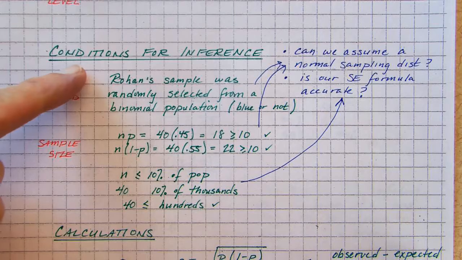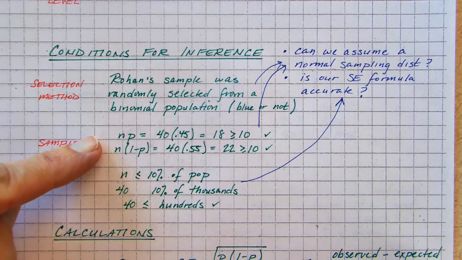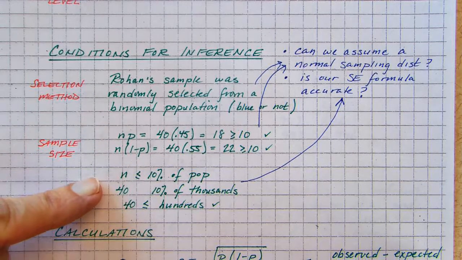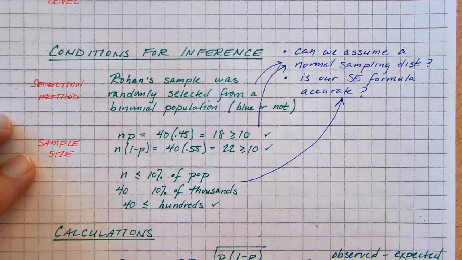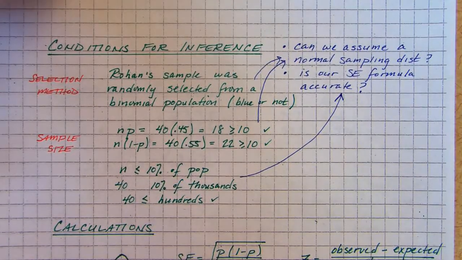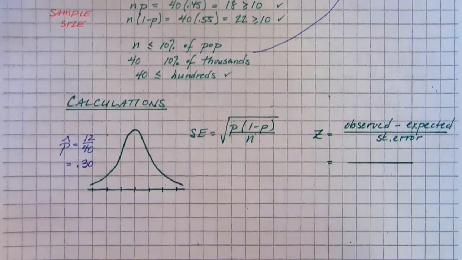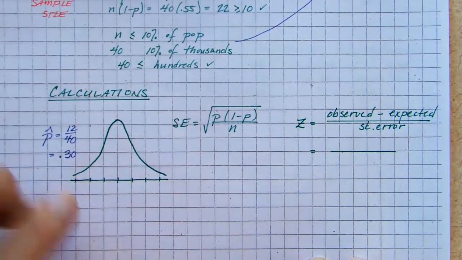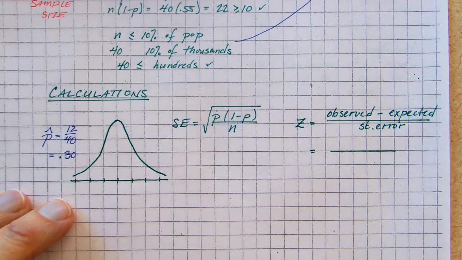So again, here are the three conditions: randomly selected from a binomial population, the NP checks, and the 10% rule. Those allow us to safely assume a normal sampling distribution. Why is that important? It sets the stage for the next phase, the calculations phase. Now it's safe to operate under the assumption of a fairly normal sampling distribution.